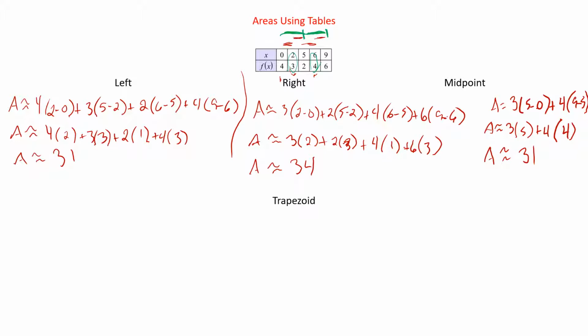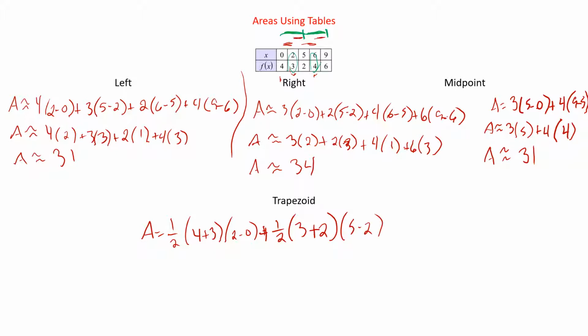And then finally, we can use the trapezoid rule. The area is going to equal 1/2 times, we're going to add the two y values together, 4 plus 3, times 2 minus 0, plus 1/2, 3 plus 2, times 5 minus 2.